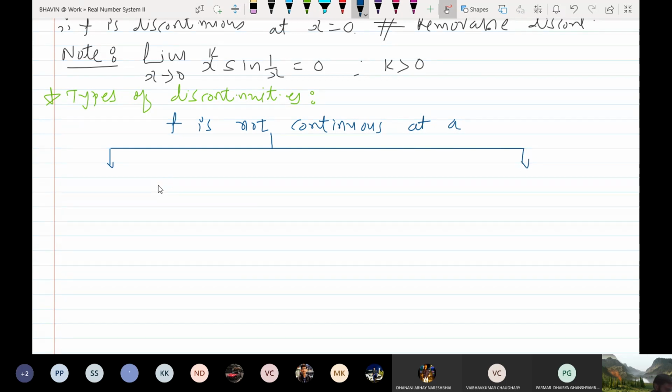So these are the possible cases. This is type 1 and this is type 2.